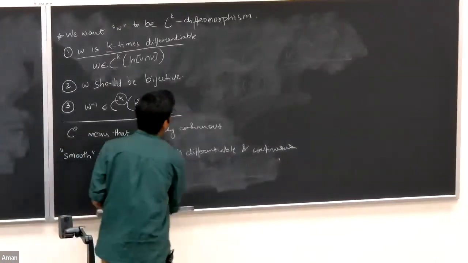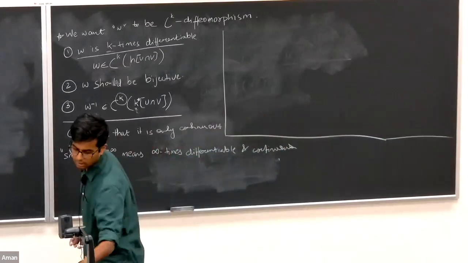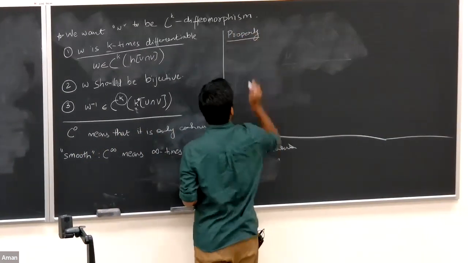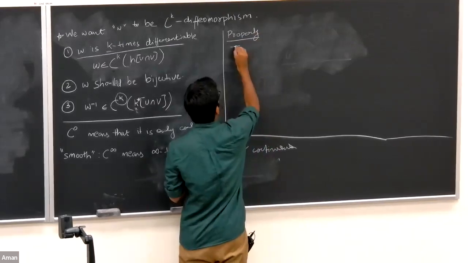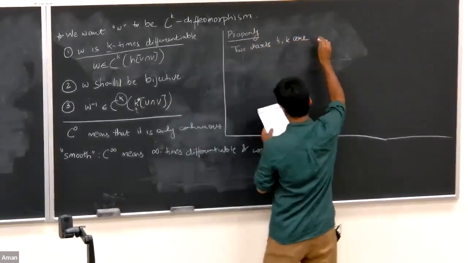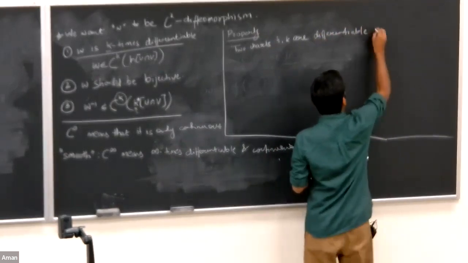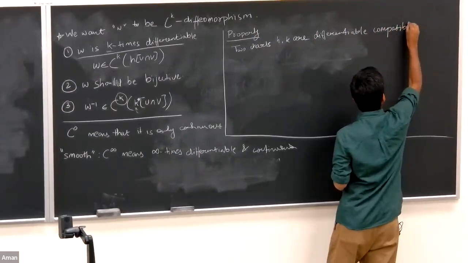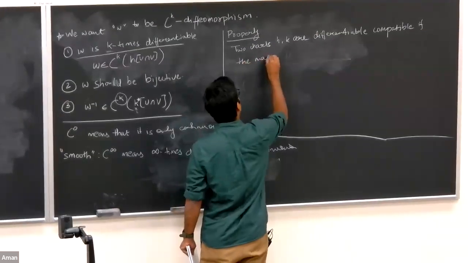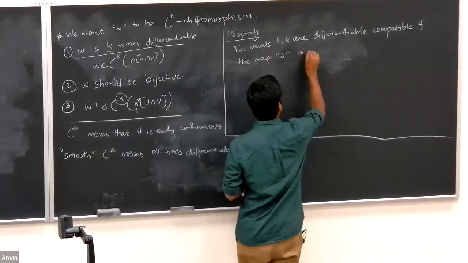Another terminology that we need to define quickly so that we can use it later is that two charts, h and k, are differentiably compatible if the map omega between them is differentiable.